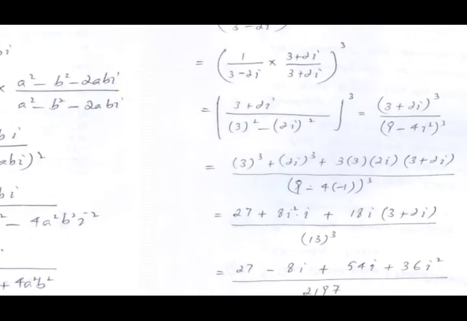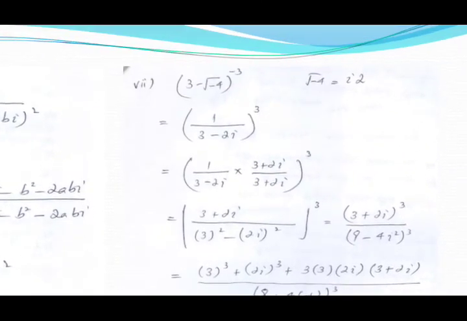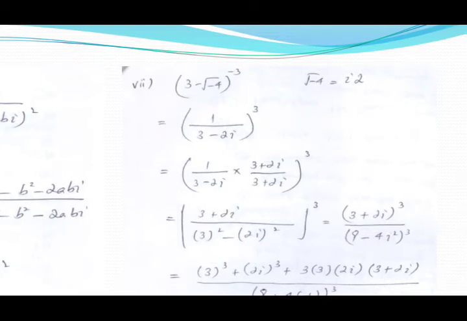Important question. In the next part, square root of minus 4 in 3 minus, whole power minus 3. Square root of minus 4 means 2 iota. Square root of 4 is 2.